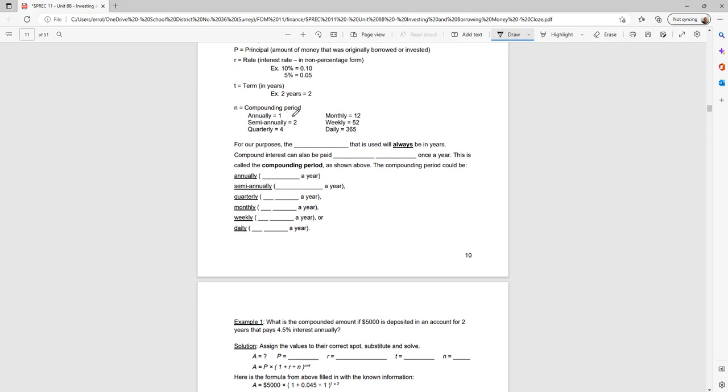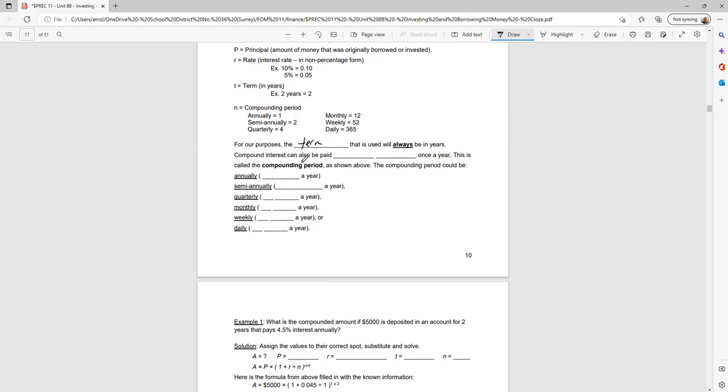The only difference is the compounding periods. So annually is 1, semi-annually is 2, quarterly is 4, monthly is 12, weekly is 52, daily is 365. What that means is the payouts: annually they pay out once a year, semi-annually they pay out twice a year, quarterly 4 times a year, and so on. Okay. It says here, for our purposes, the term we use will always be in years.